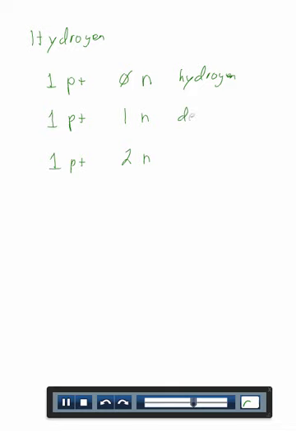This is called the deuterium atom. And the third one is called the tritium atom. They're all hydrogen isotopes. They all have one proton, but they weigh differently because of the number of neutrons. These are called isotopes of each other. So hydrogen has 3 isotopes, depending on the number of neutrons in the nucleus.